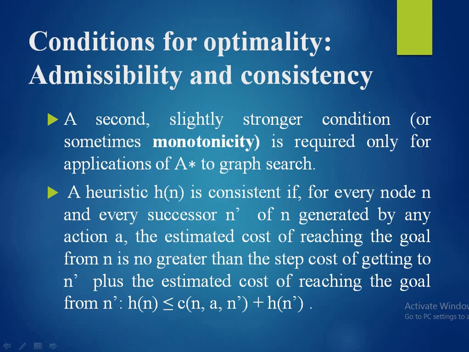The second, slightly stronger condition, sometimes known as monotonicity or consistency, is required only for applications of A star to graph search.